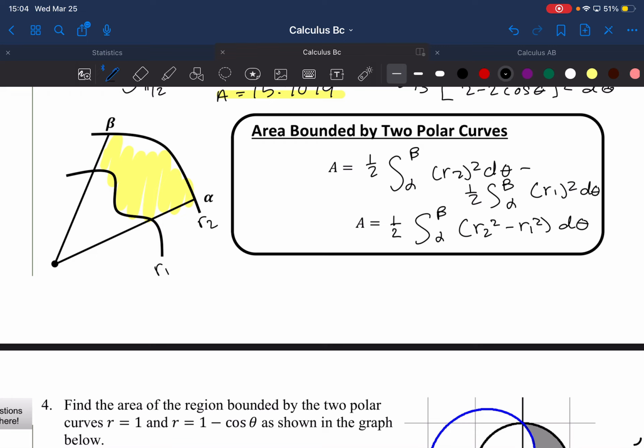Okay, so we're taking the polar curve on the outside, subtracting the polar curve that is on the inside, squaring each of those, and then integrating from our alpha to beta, our bounds.